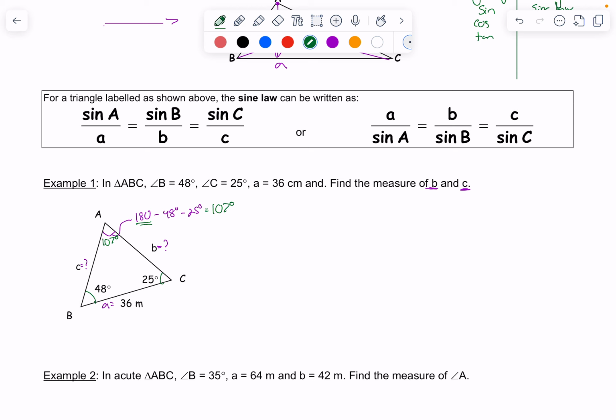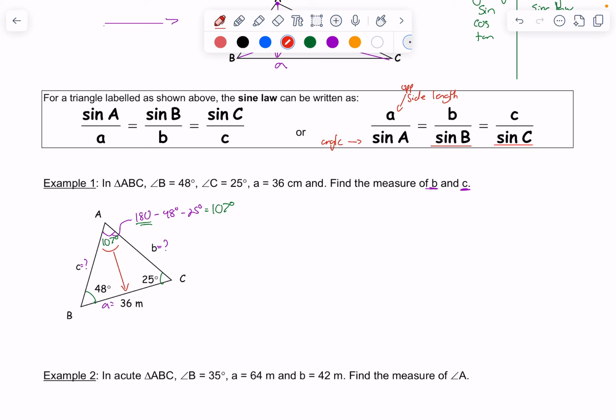But the sine law says if you know an angle and an opposite side length, okay? So in this case right here, I have an angle, this 107, and I have its opposite side length. I can take that combination, okay? So I can take the side length, the opposite side length, and divide it by its angle's sine, and I can set that equal to any of the other combos.